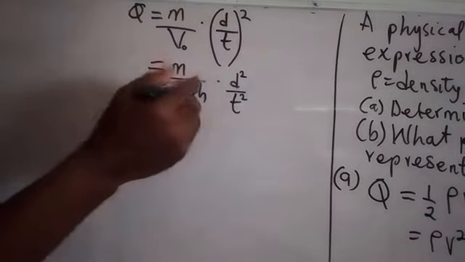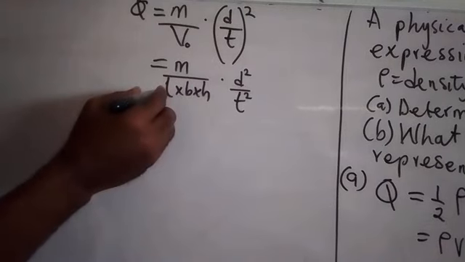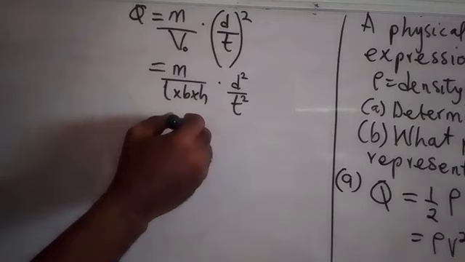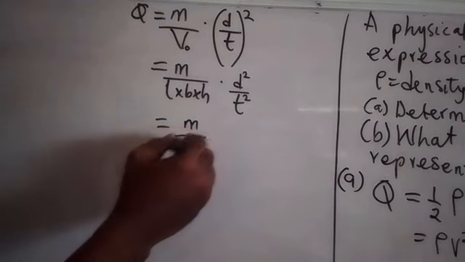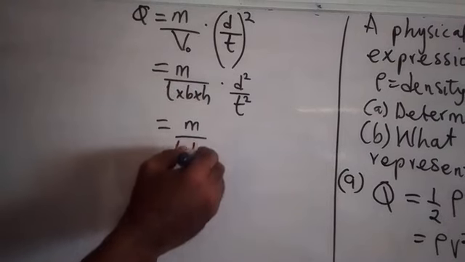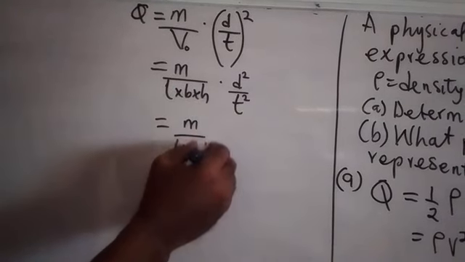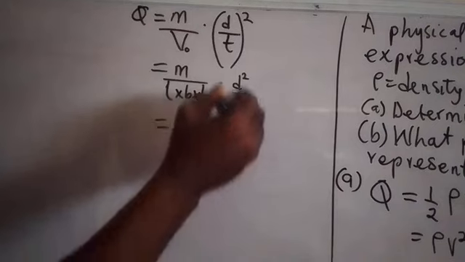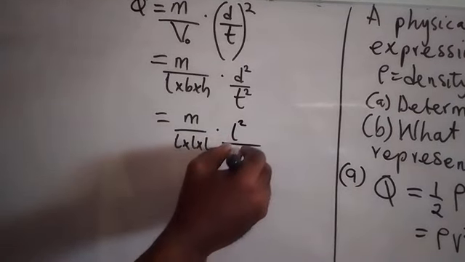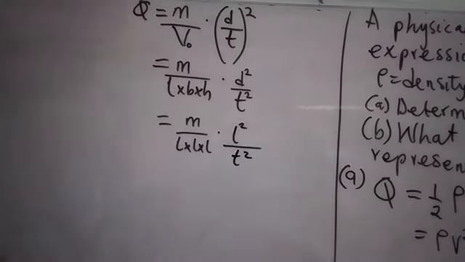So distance, height, and breadth, we are going to change them to L, since L is the basic expression for length. So we have M over L. Other than breadth, we write L. Other than height, we write L. Times, other than D, we write L squared, because that is for distance, and this is D squared.